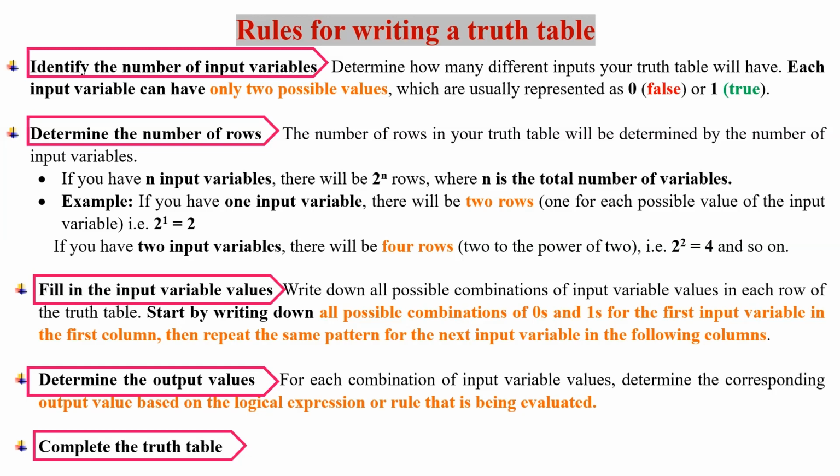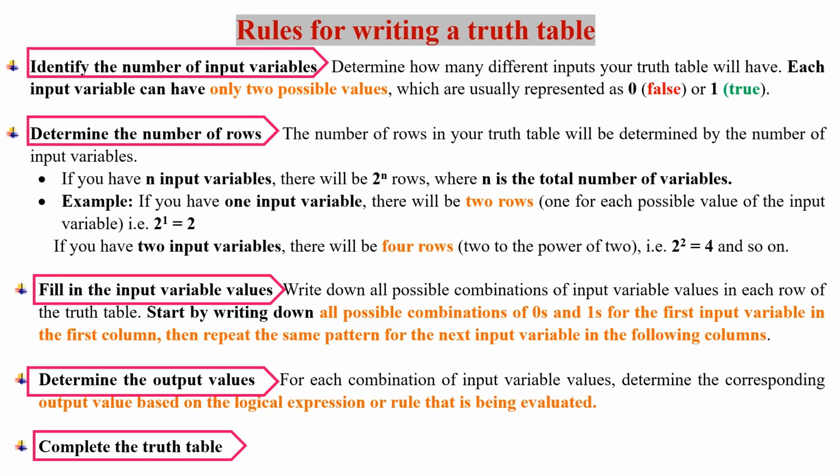Third rule is to fill in the input variable values. Write down all possible combinations of input variable values in each row of the truth table. Start by writing down all possible combinations of zeros and ones for the first input variable in the first column, then repeat the same pattern for the next input variable in the following columns.